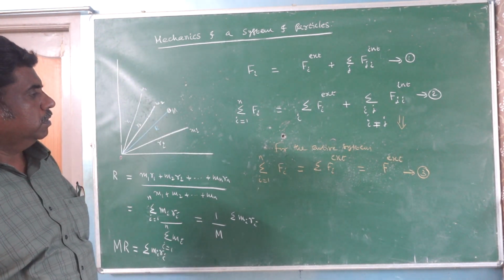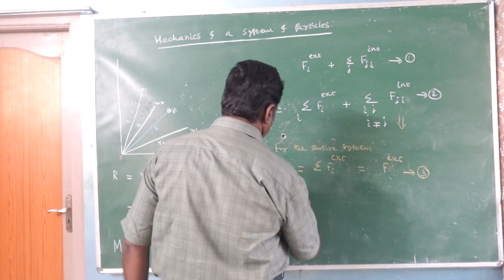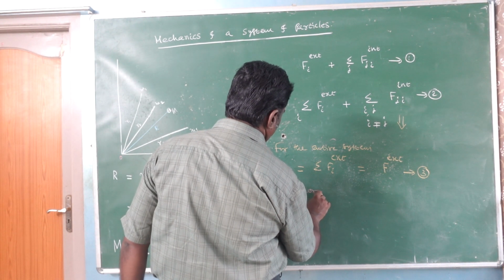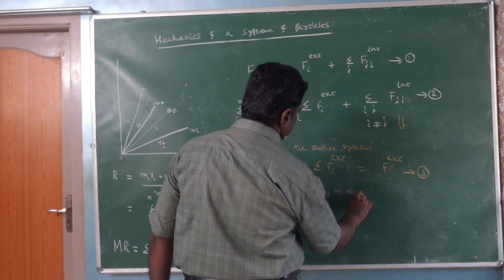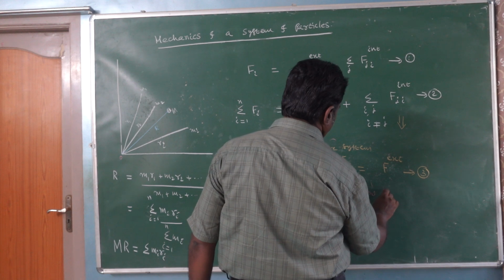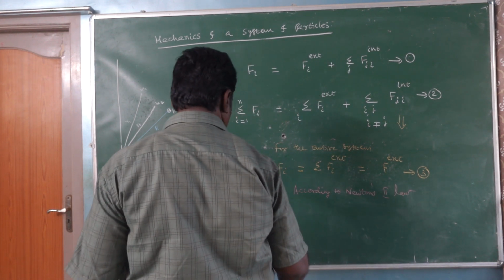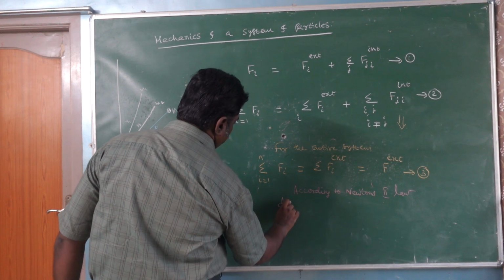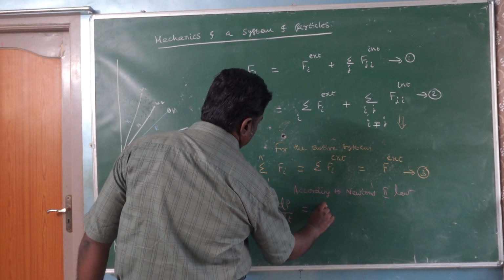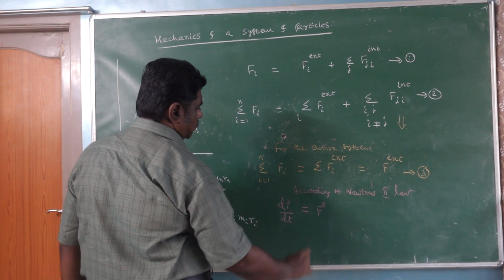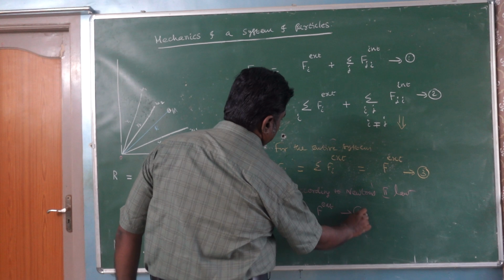According to Newton's second law, rate of change of momentum is force. dP by dt equal to F external.